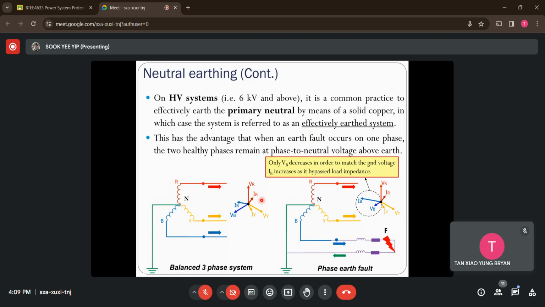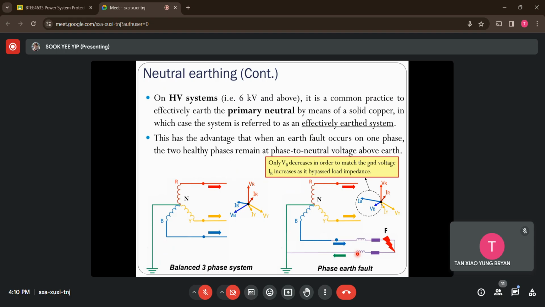This is basically the advantage of neutral earthing if one of the phases is short circuit to ground. The healthy phase voltage will not become higher, it will not rise to line voltage. It will stay at the same voltage value. What is happening is just the problematic phase drops in voltage with high current flow.